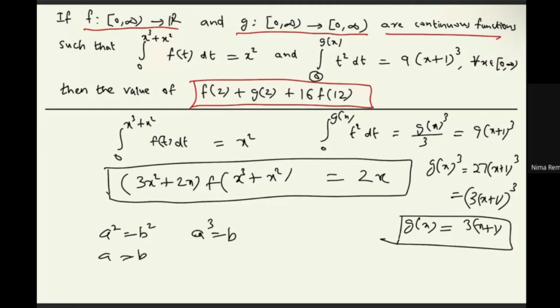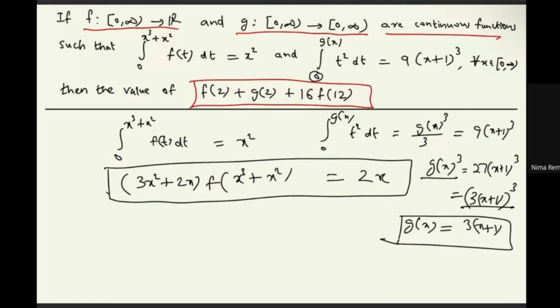But for cubic, do you have this? You know this function is 1-1, right? A cube function is 1-1. That is why, because g of x cube is 3 into x plus 1 whole cube, you can say g of x is 3 into x plus 1. Suppose that instead of cube, if the power was 2, you can't say it, right? So I just want to point out that. So in this case, g of x is 3 into x plus 1.